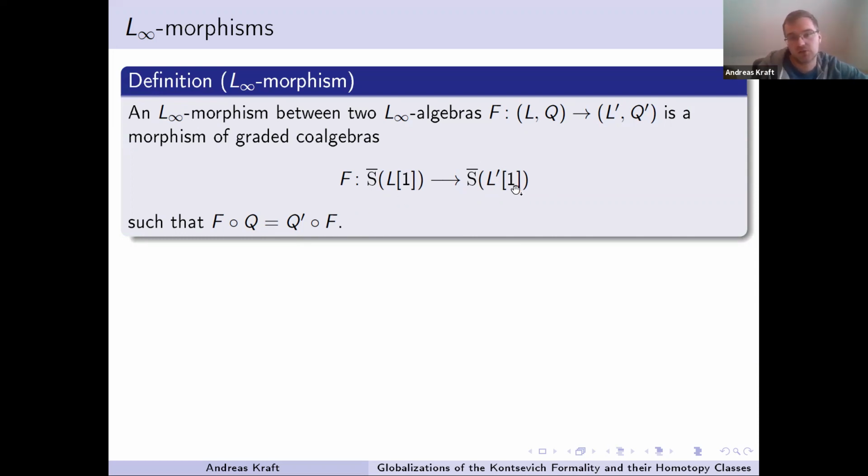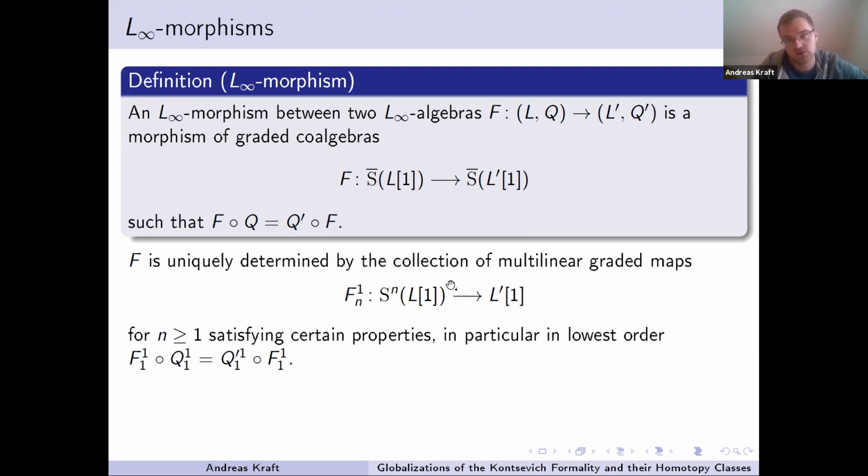And again, this is cogenerated by L prime. So this is uniquely determined by its projection on L prime, so by such structure maps again. And well, again, this leads to some compatibility conditions between structure maps of F and structure maps of Q. And I only wrote the lowest one here, which just says that F11 is a chain map here.